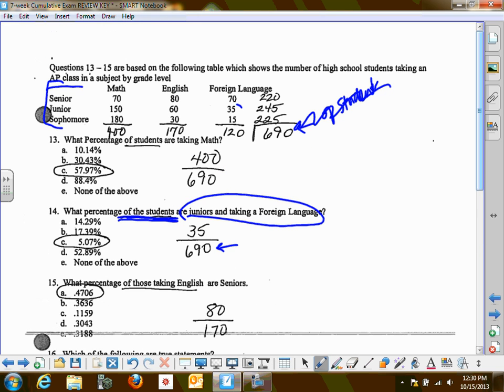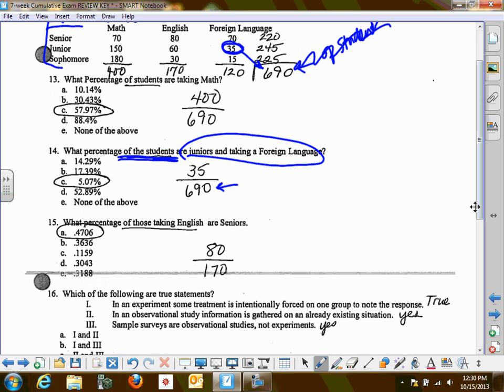So that's the junior foreign language takers out of students. So out of all the students, how many are the junior foreign language takers? I thought it was juniors out of all of them. No, because it says what percentage of the students. So it's out of all the students. Yes, ma'am.